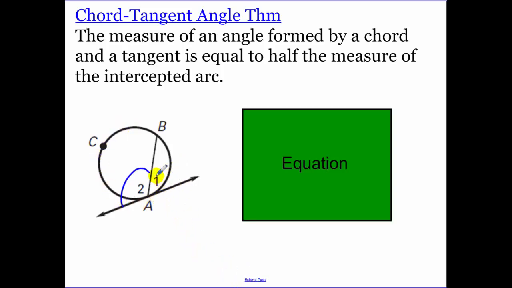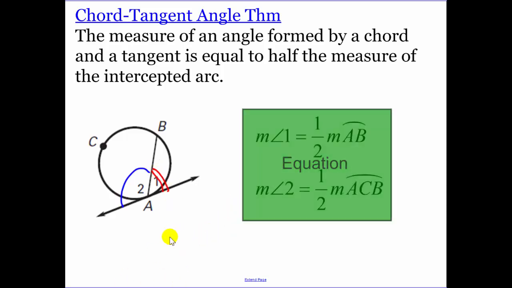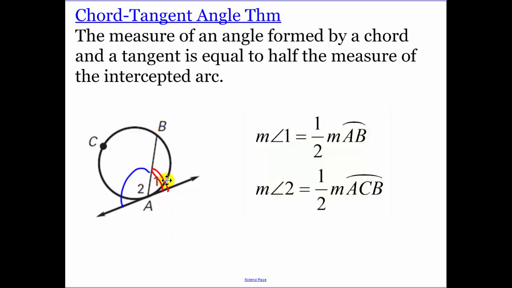And angle 1 is going to be half the measure of the intercepted arc. So those equations would be angle 1 is half the measure of arc AB, and angle 2 is half ACB.